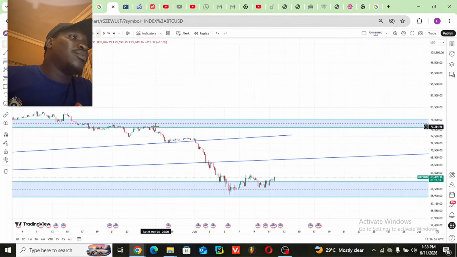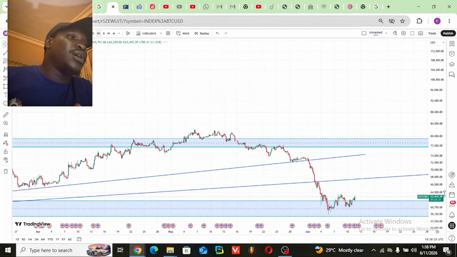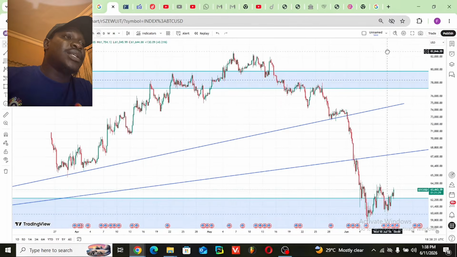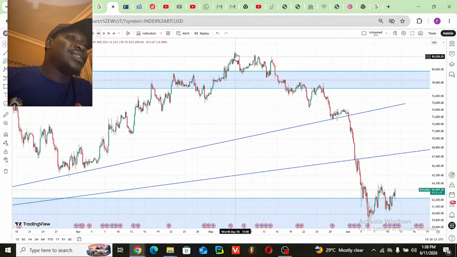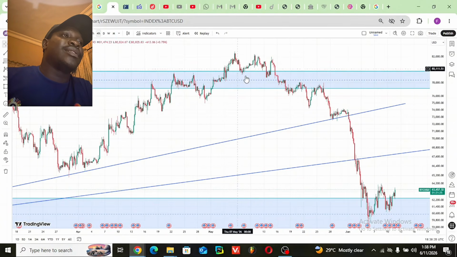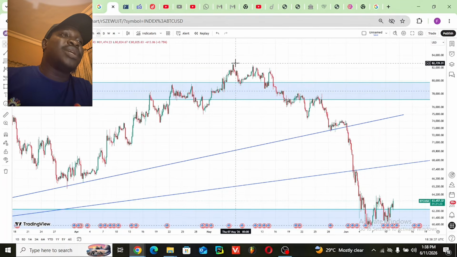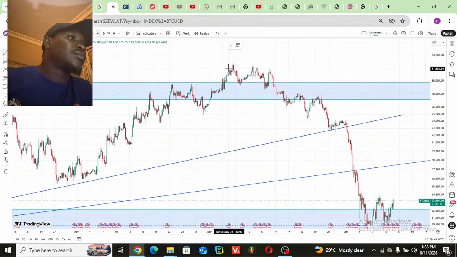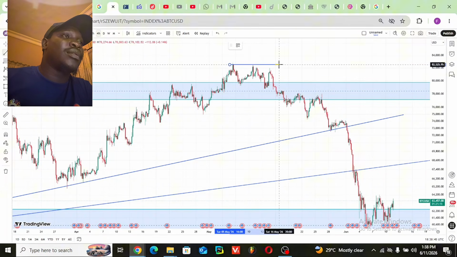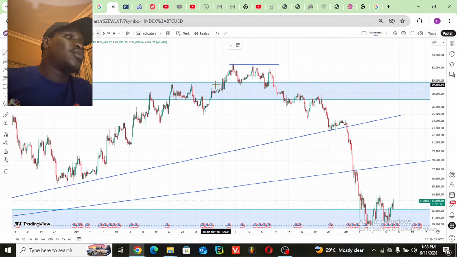And when we move down to our 4 hour, we can see that price indeed gave a chart pattern. You can see it gave a double top and a neckline. So here, double top, and also a neckline break. You can see even a triple top.